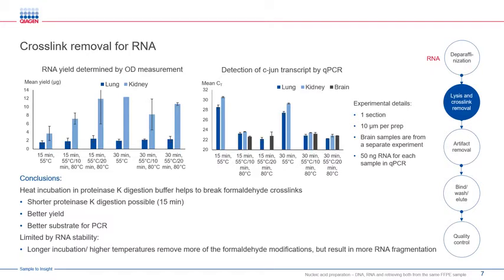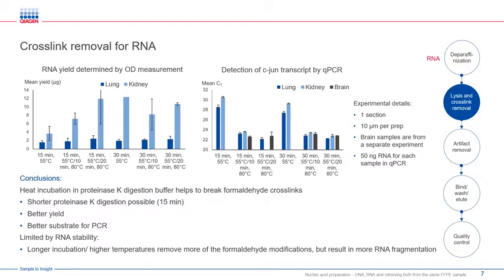Important here is that we normalized the RNA input into each assay to 50 nanogram. Without the 80-degree crosslink removal step, it doesn't matter if we do 15 or 30 minutes at 55 degrees, the CT values are roughly the same.